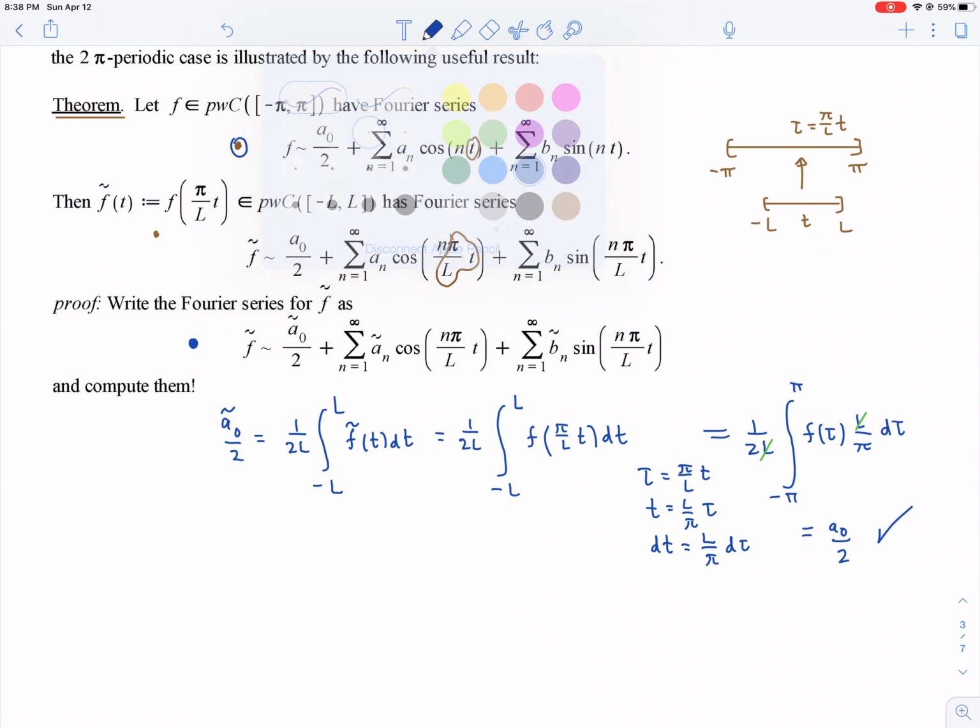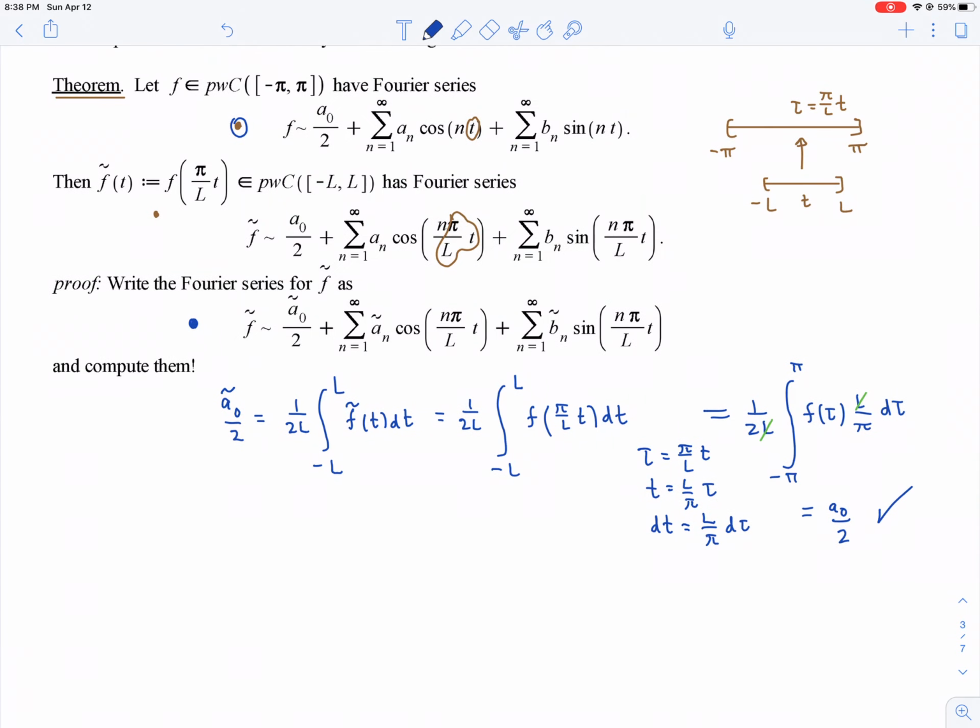And let's just check the a n tildes. It's exactly the same.